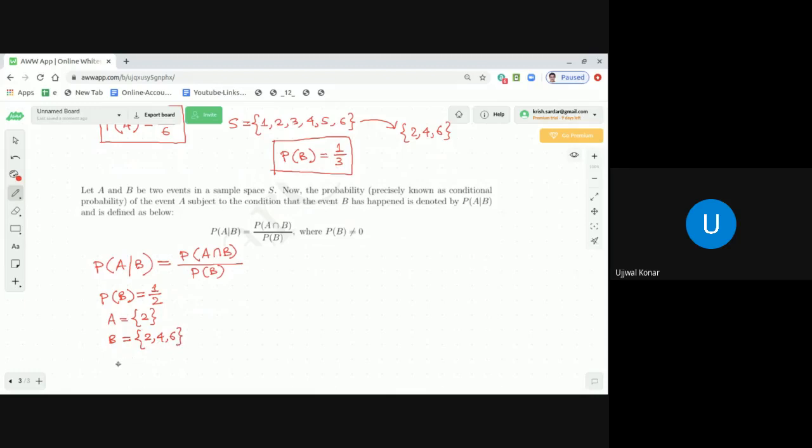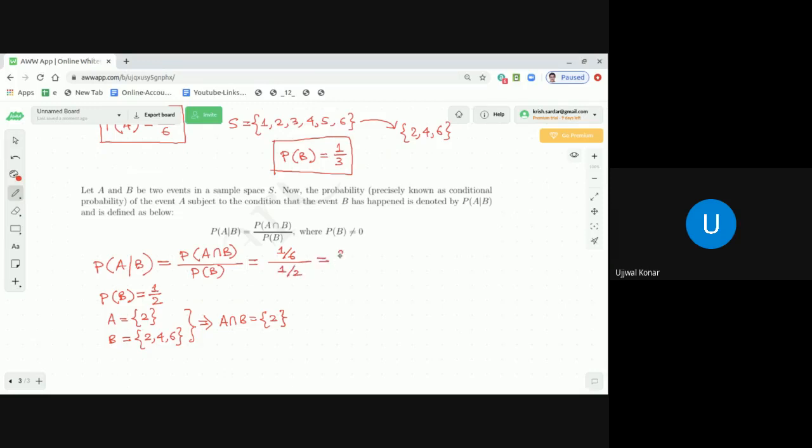What is then A intersection B? From here, dear students, A intersection B is equal to only {2}. So probability of A given B is equal to 1/6 divided by 1/2.